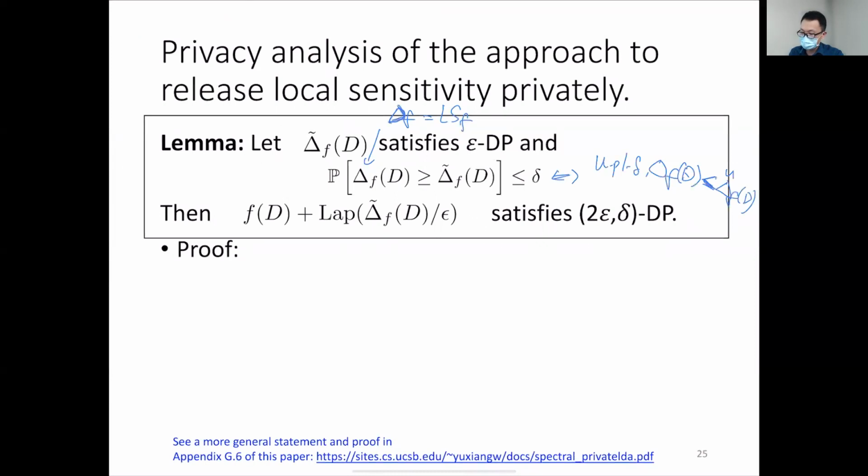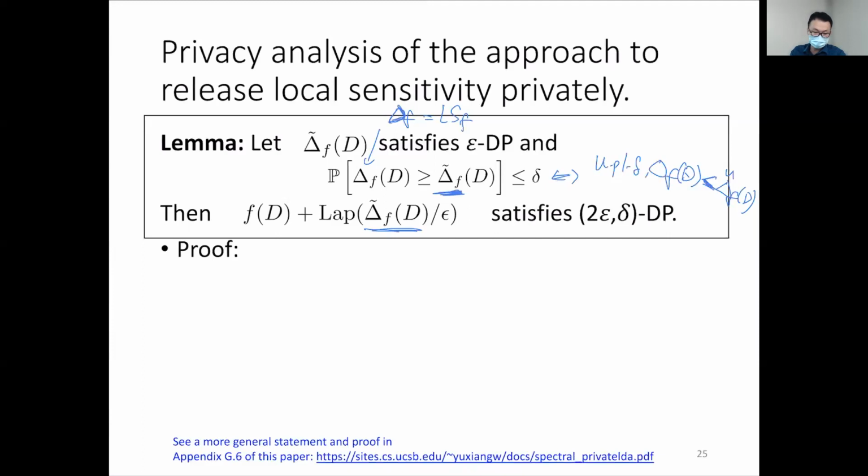If we can come up with an algorithm that takes the data and outputs a high probability upper bound of the local sensitivity, then we can simply add noise according to this high probability upper bound, and overall it satisfies 2 epsilon delta differential privacy.